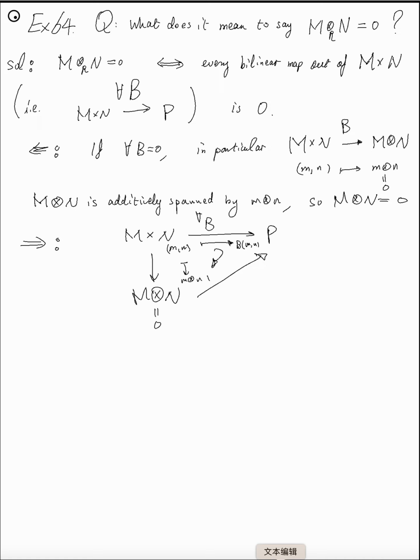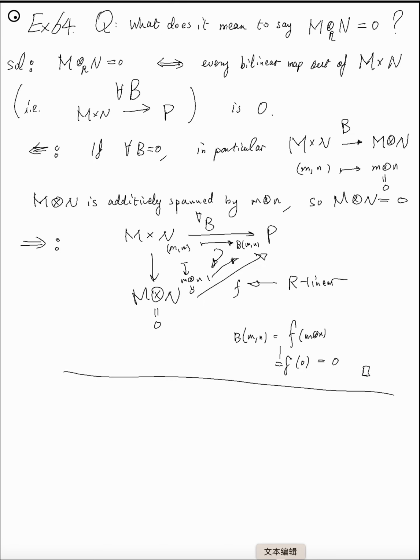Because of this commutative diagram, B(m, n) equals f of m tensor n. f is our linear map of modules, so this is just f of 0, which is 0, so it maps everything to 0, right? So this is the big picture, nothing too complicated.